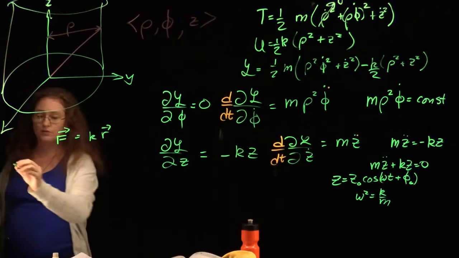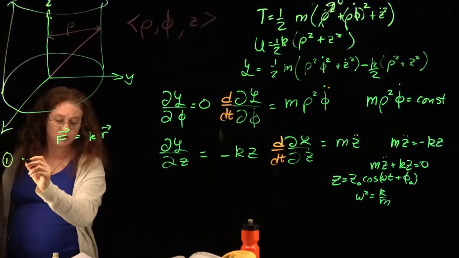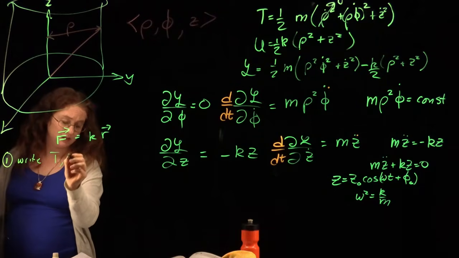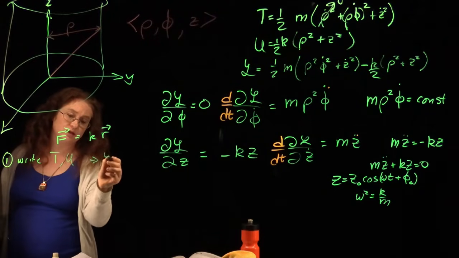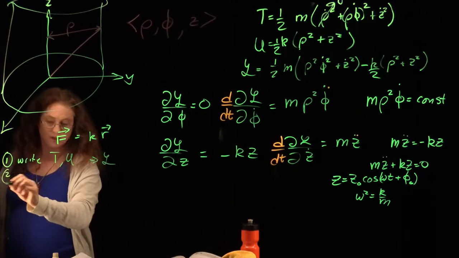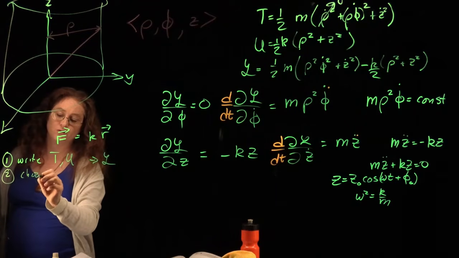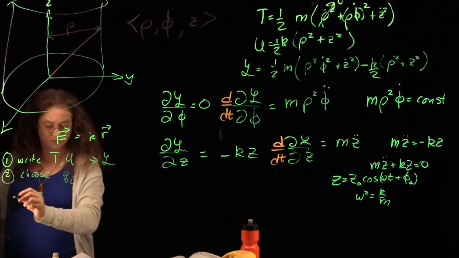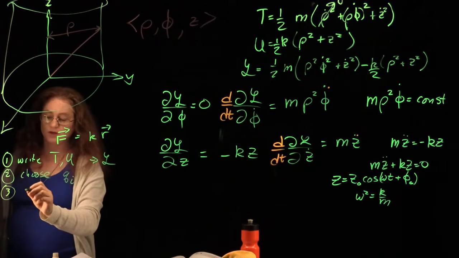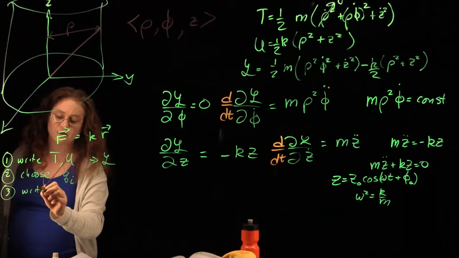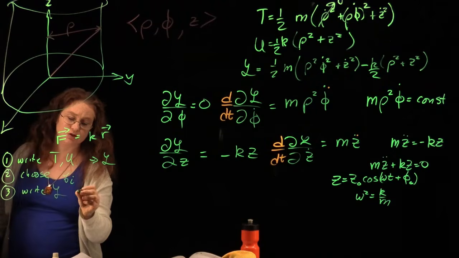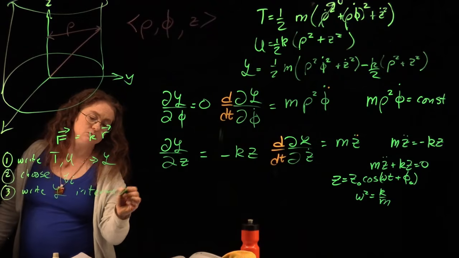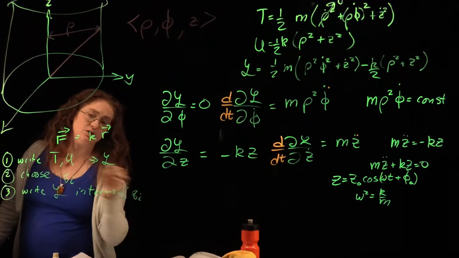So first, we write down T and U, which gives us the Lagrangian. Then you want to choose what you want to be your generalized variables. Then you want to write the Lagrangian in terms of q_i, which may take solving the equations.